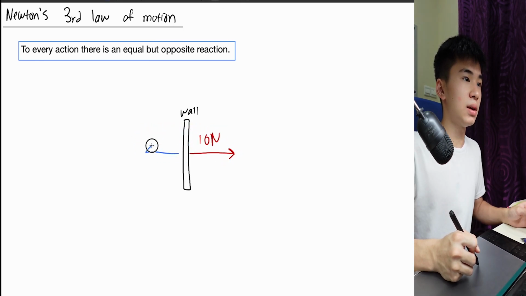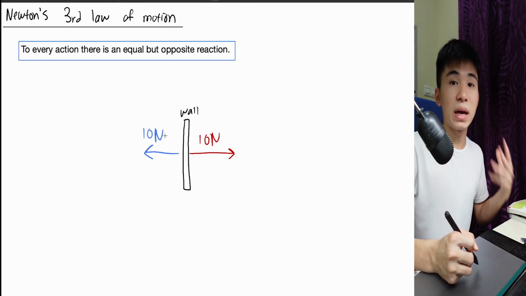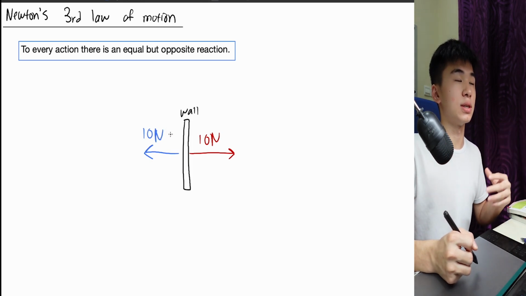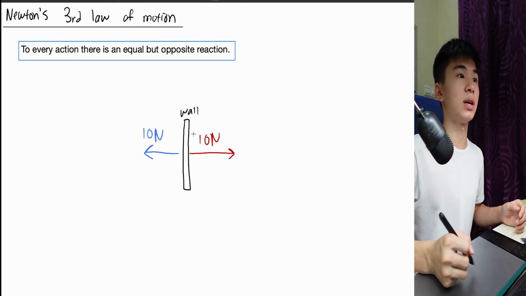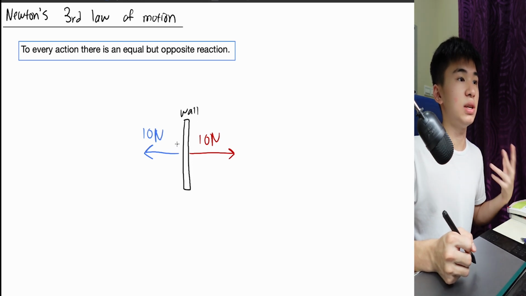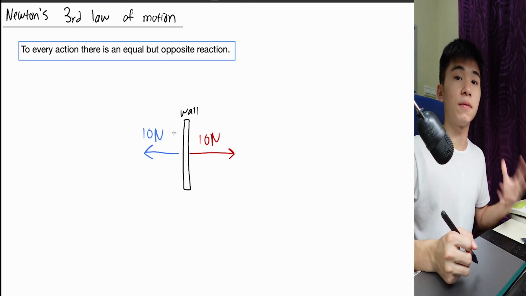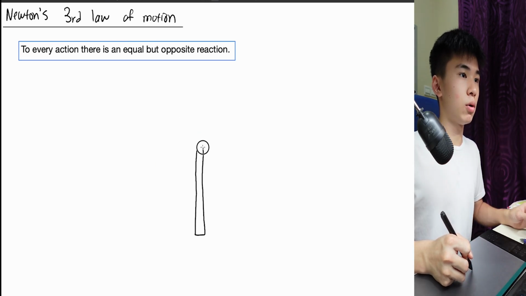And at the same time, this wall is exerting an equal magnitude of force, which is 10 newtons. So this is basically how it works. If you apply 10 newtons of force, this wall is going to exert 10 newtons of force, equal magnitude of force.